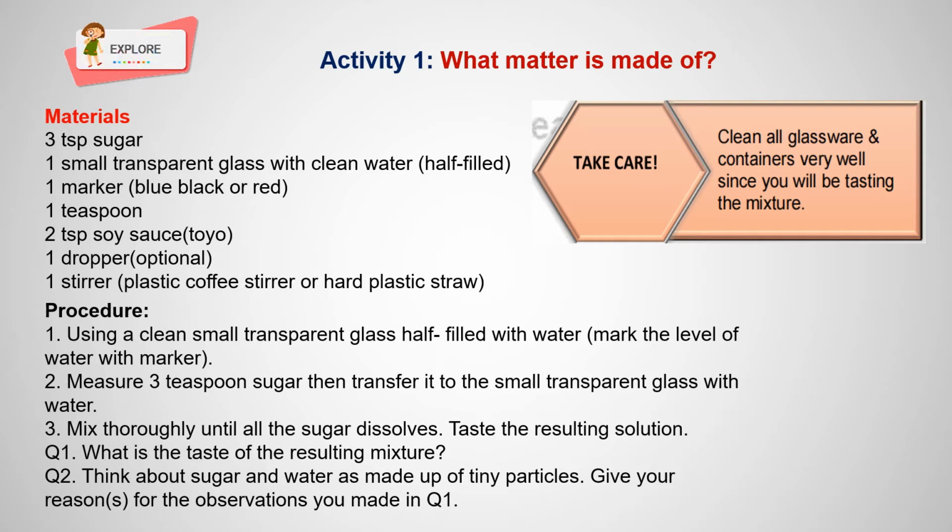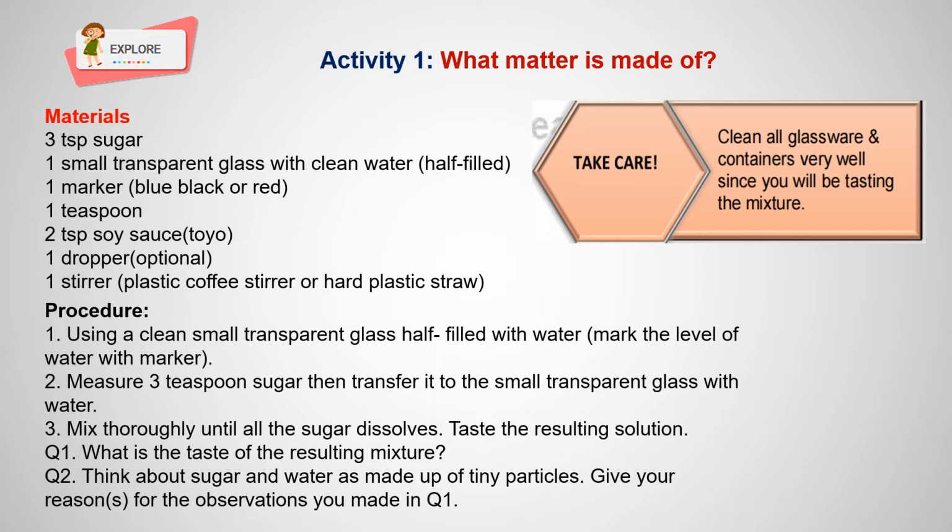Procedure. Number 1. Using a clean small transparent glass half filled with water, mark the level of water with a marker. Number 2. Measure 3 teaspoons of sugar, then transfer it to the small transparent glass with water. Number 3. Mix thoroughly until all the sugar dissolves.